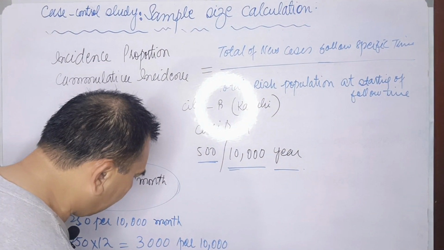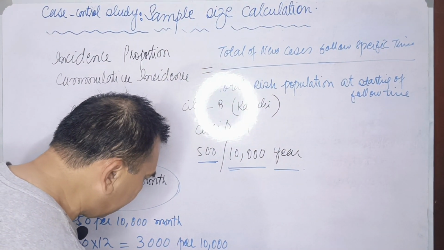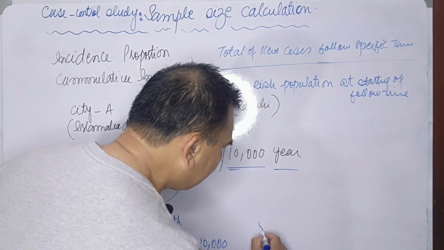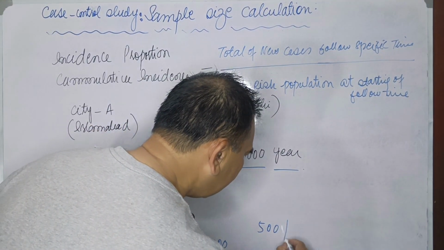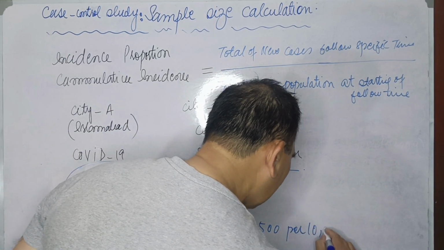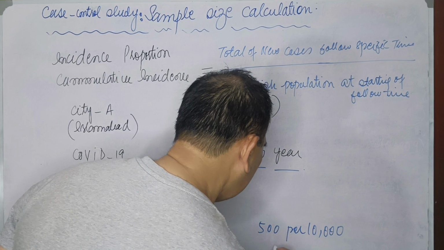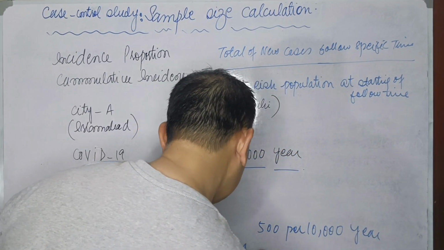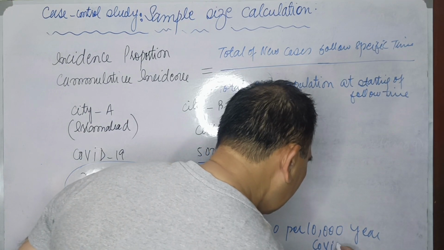So 3,000 per 10,000 is the COVID-19 in city A, and what's in B? 500 per 10,000 in a year, also in a year of COVID-19.